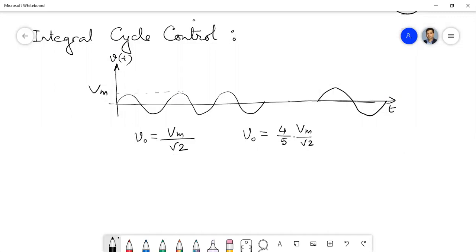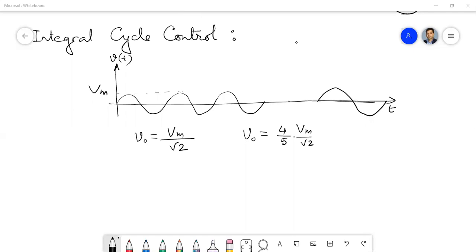Your voice is not coming properly. Who is asking? Shouldn't it be root 4/5? Why? Why would it be root 4/5? You are counting the RMS value over each cycle. RMS value is calculated over one cycle only.